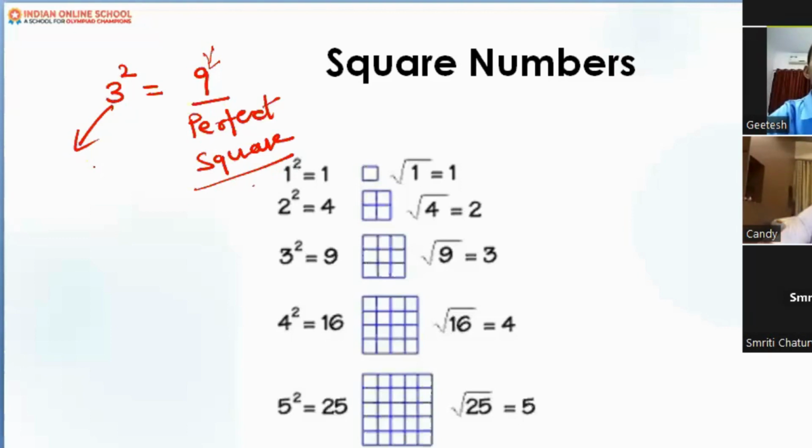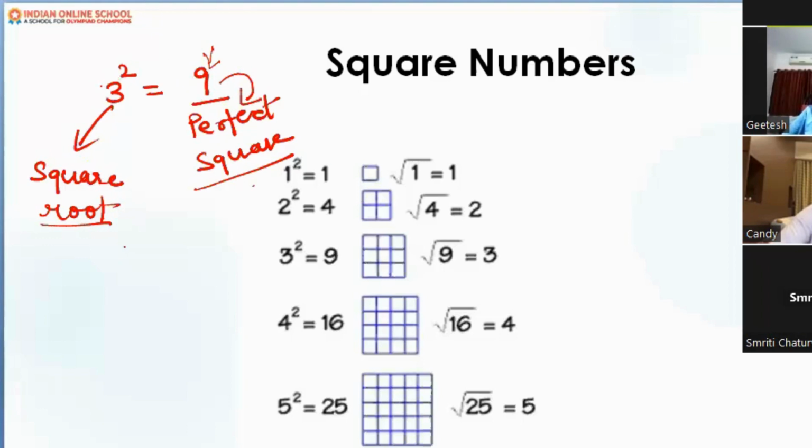It could be the square root. Absolutely correct. So this 3 is known as the square root of 9. So the square of 3 is 9, and 9 is a perfect square, and 3 is the square root of 9.